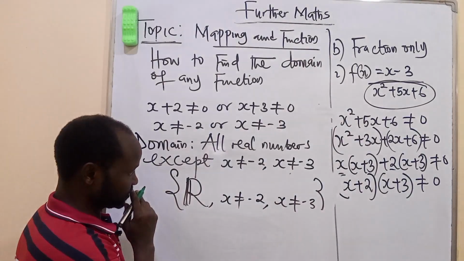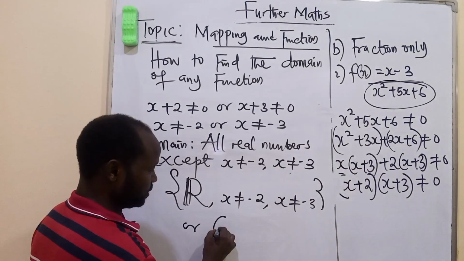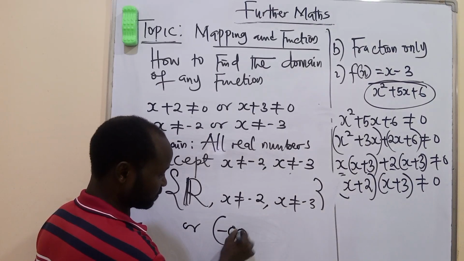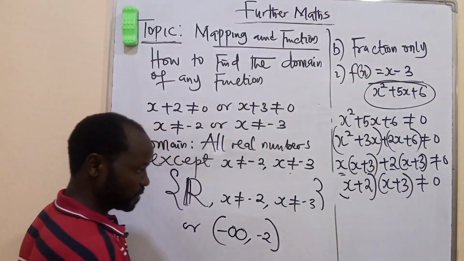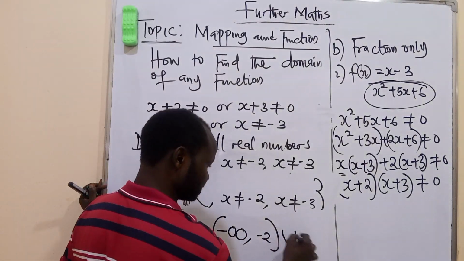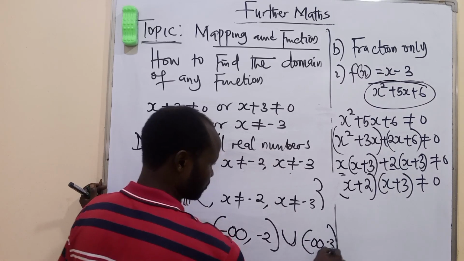Or we can use interval notation. It will be any number from negative infinity, but minus 2 is not included, combined with any number up to infinity, but minus 3 is not included.